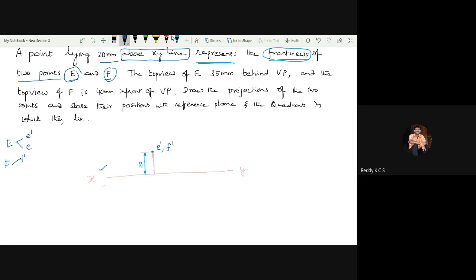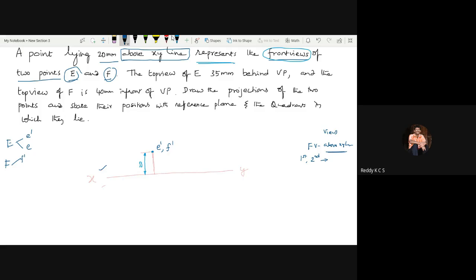Now see here, when the views are above XY line, that is front view is above XY line. So generally, when the point is located in the first quadrant as well as the second quadrant, the front view is always above XY line. Yes or no?